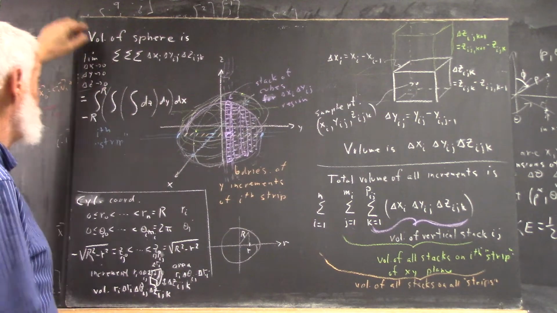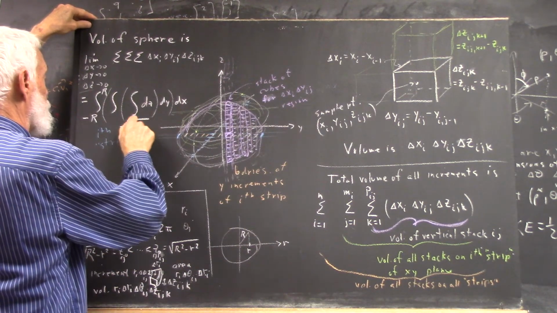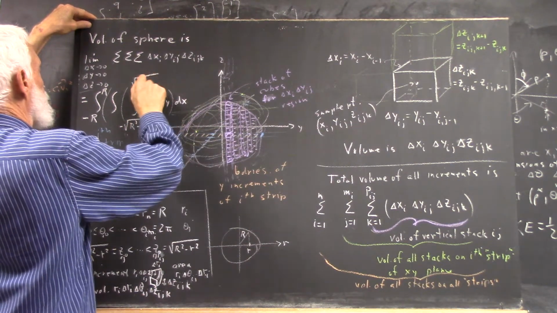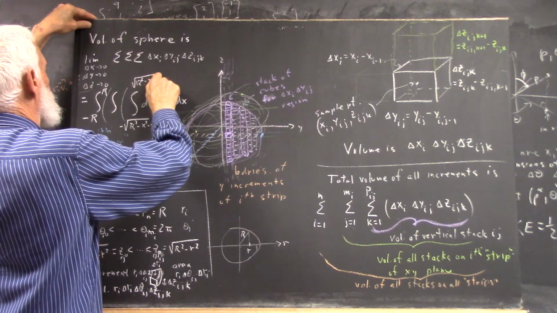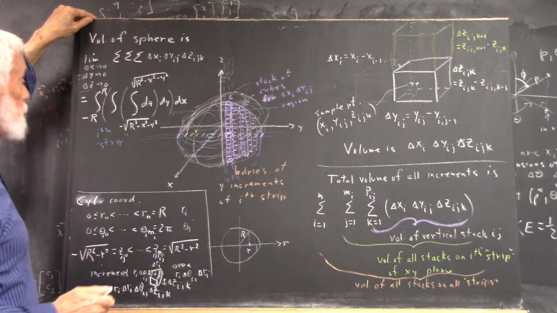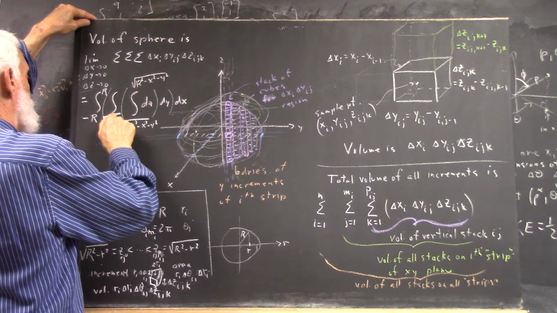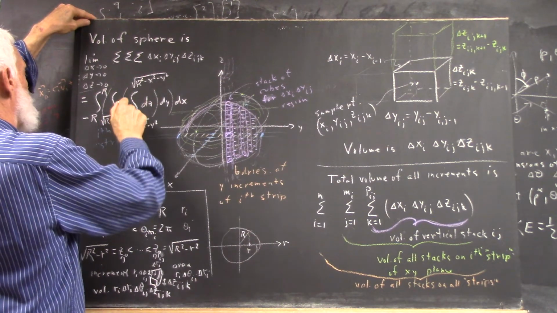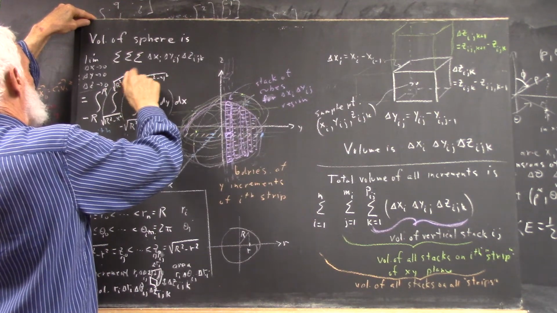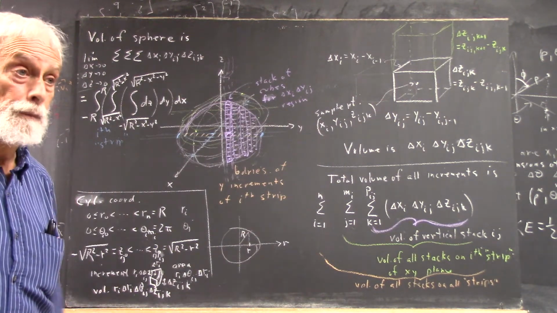Because your z limits are from negative square root of R squared minus x squared minus y squared to the square root of R squared minus x squared minus y squared. And your y limits are from negative square root of R squared minus x squared to the square root of R squared minus x squared. And there it is.